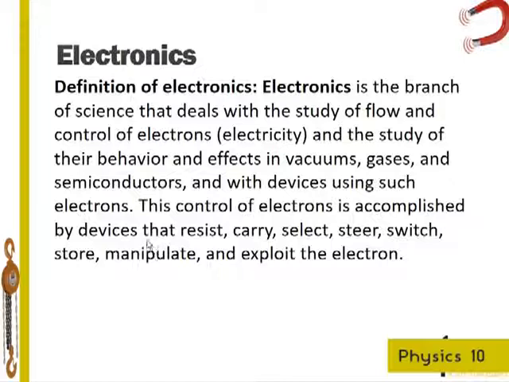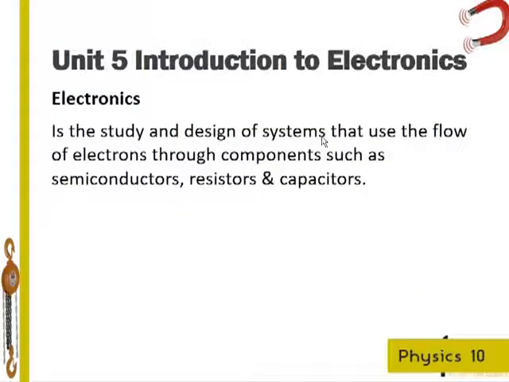They're able to resist, carry, select, steer, switch, store, manipulate, and exploit the electrons. And so electronics is indeed the study and design of systems that use the flow of electrons through components such as semiconductors, resistors, and capacitors.